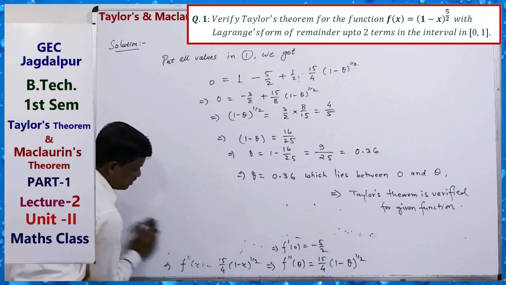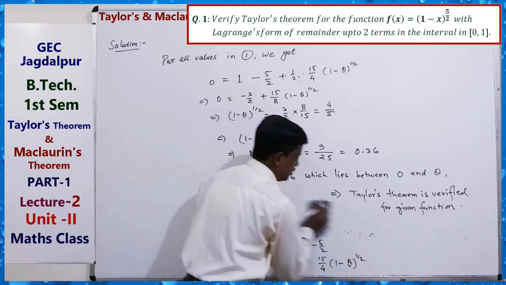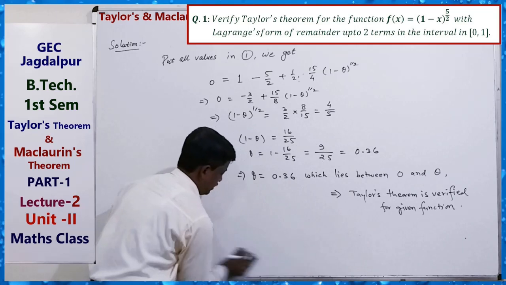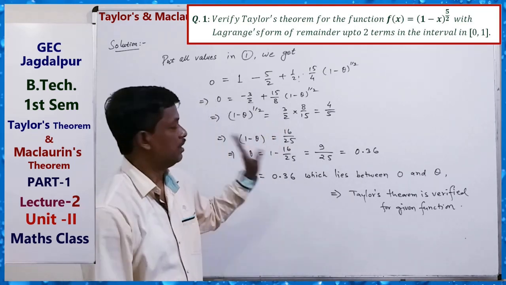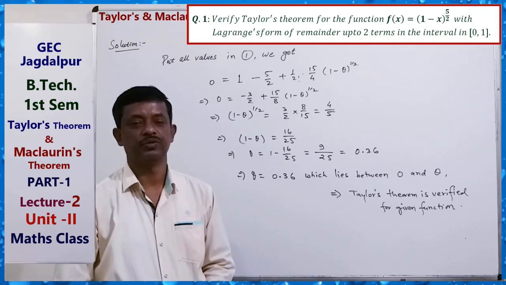So this is the verification of Taylor's theorem. Theta lies between 0 to 1.